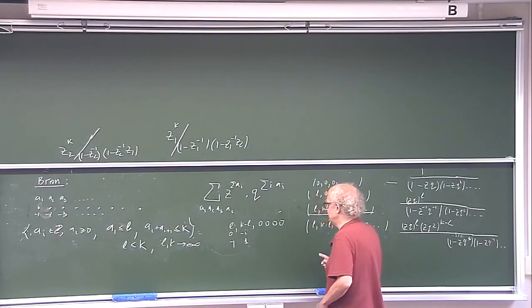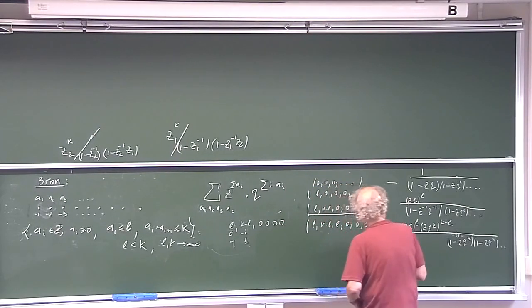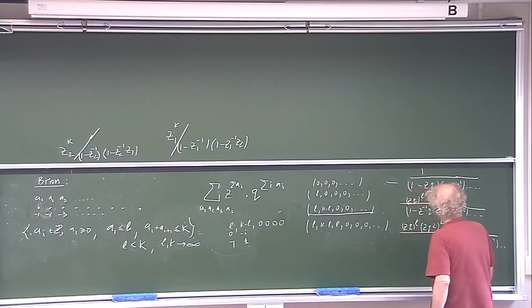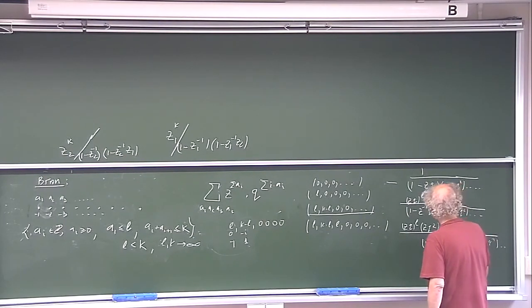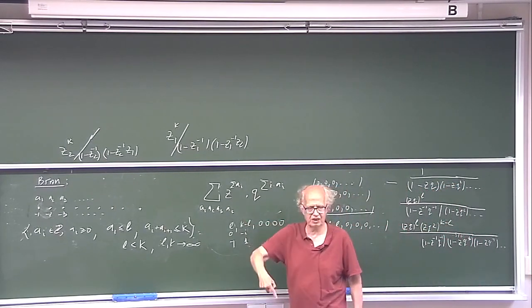If you believe me, it means that, if I write correctly, we have 1 minus z inverse, and here is q minus 2 also. It is a result of such subtraction.